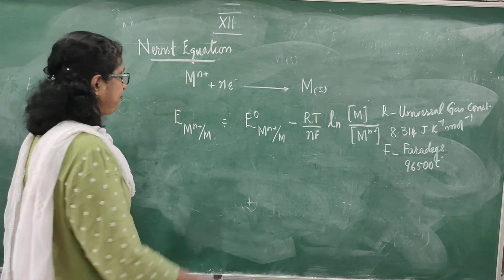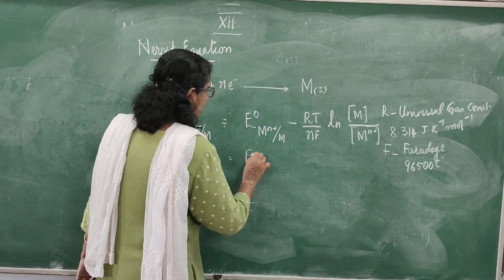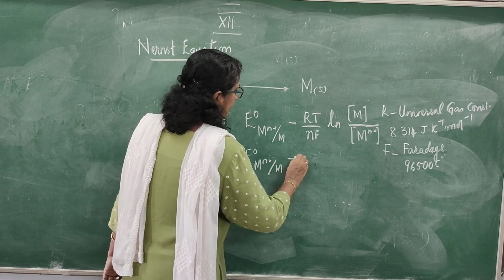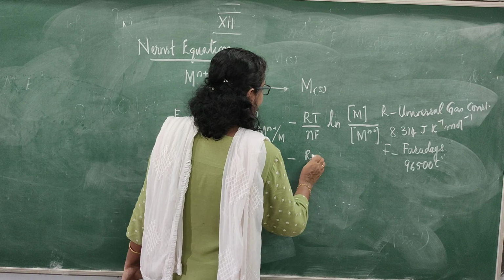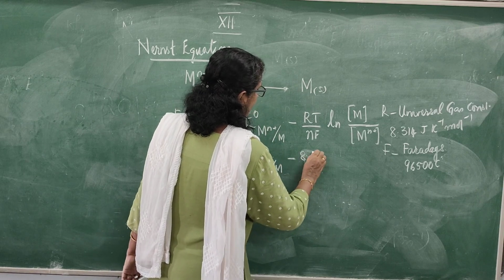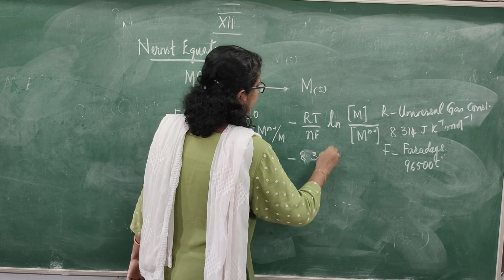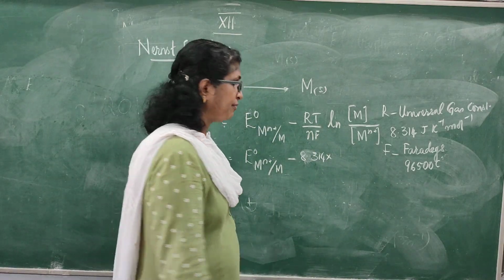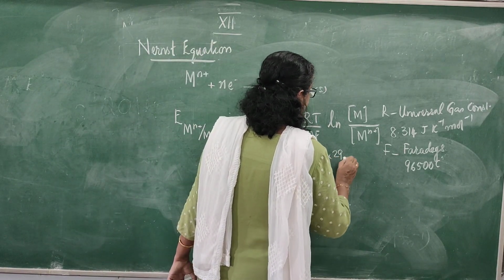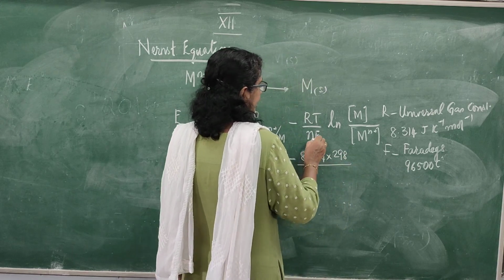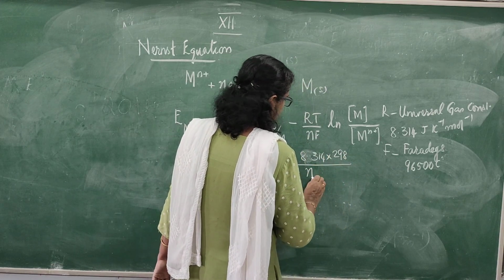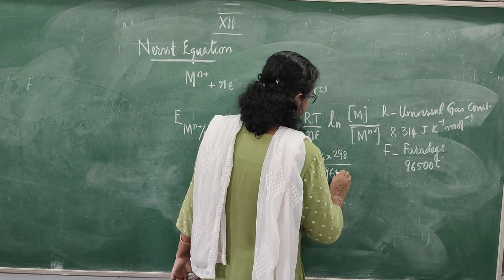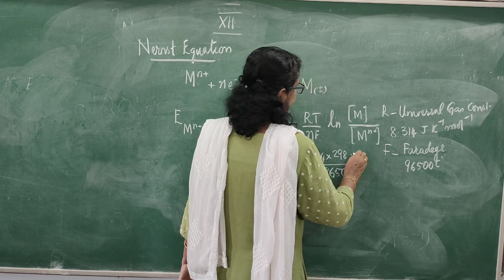Now, this is equal to E naught of Mn+/M minus: R value we know is 8.314, and T, if you take the standard or alternate temperature, is 298 Kelvin, divided by n, the number of electrons accepted, and F, Faraday's constant, 96,500, into 2.303 log of the molar concentration of M by the molar concentration of Mn+.